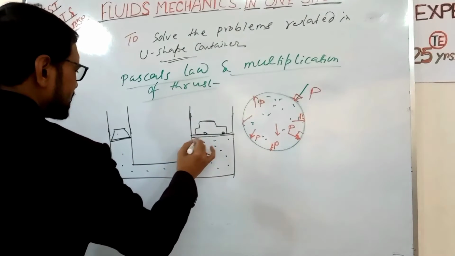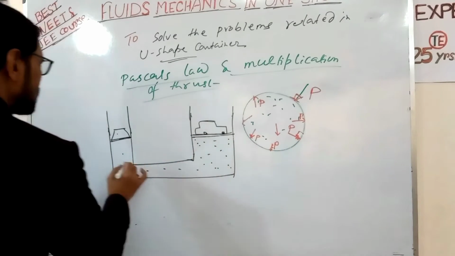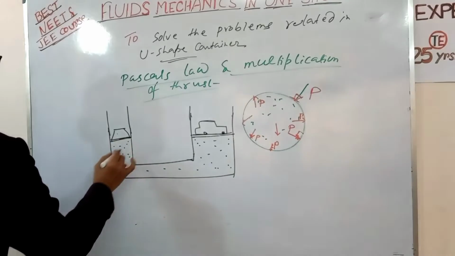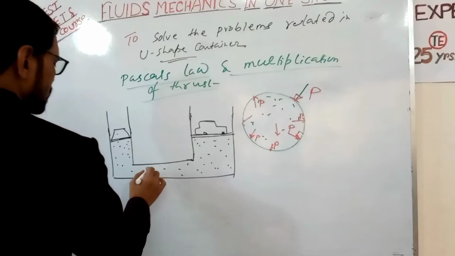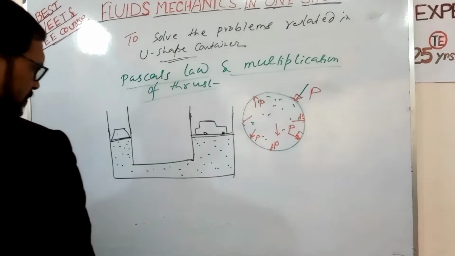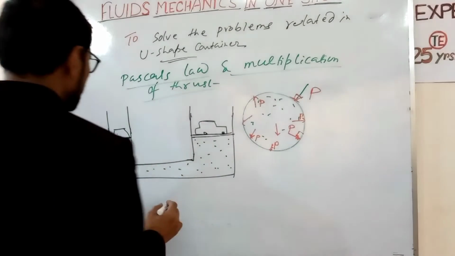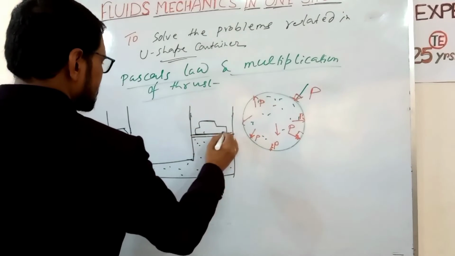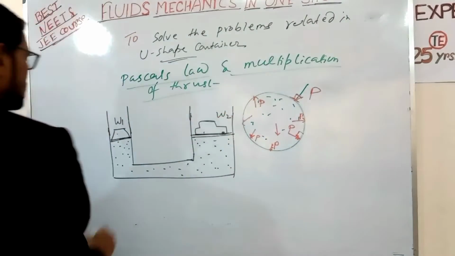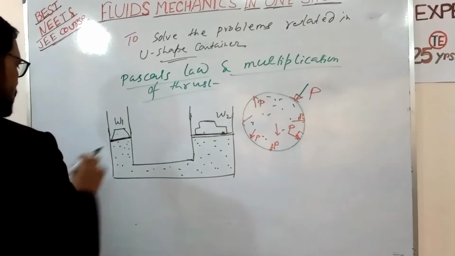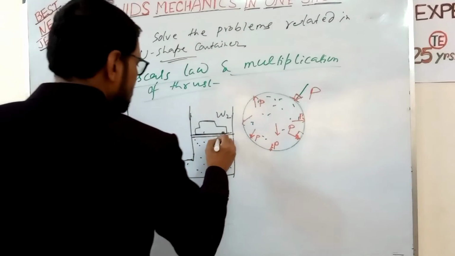Gas is a type of fluid because liquid and gas can flow. Suppose this is a car. This is a small piston. This weight is W1, this weight is W2. The area of the piston is A1 and the area of the other piston is A2.